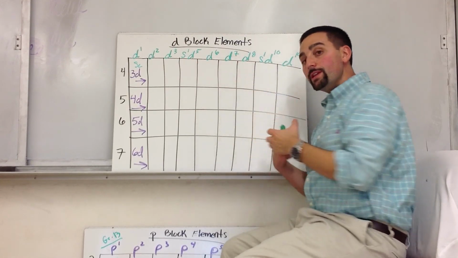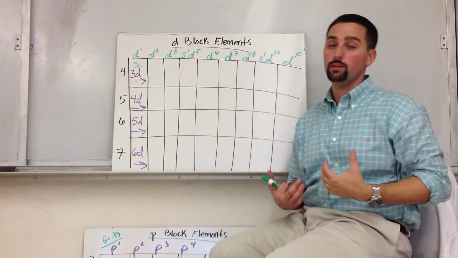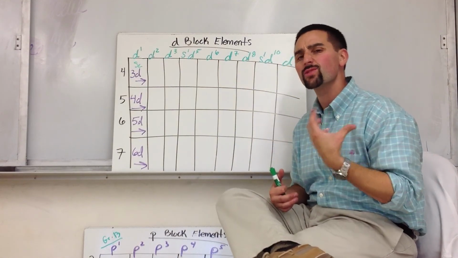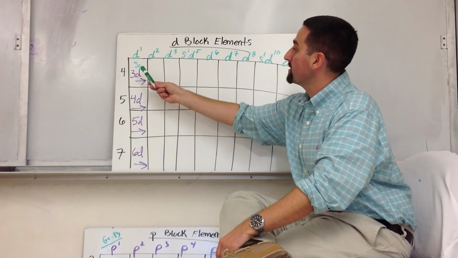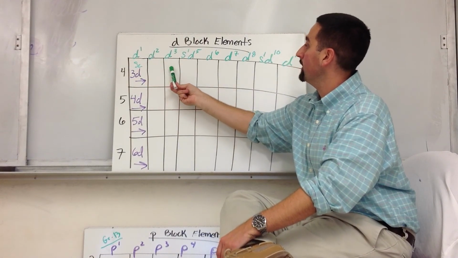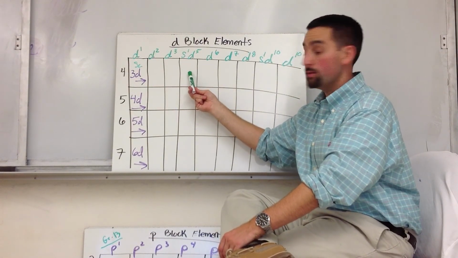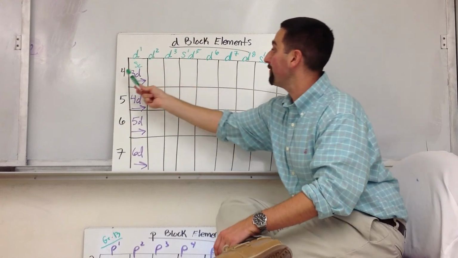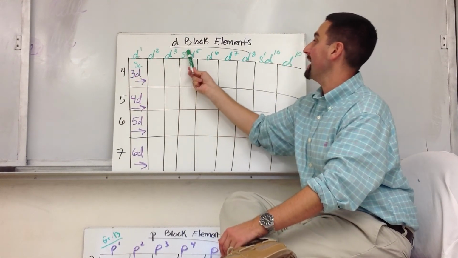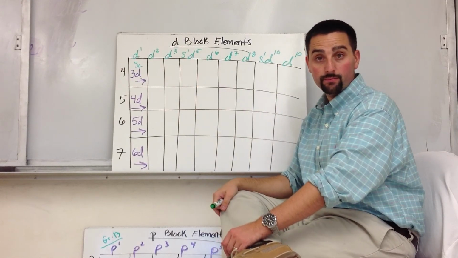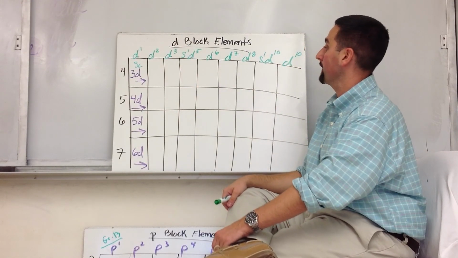These electrons are redistributed for stability. When we get into the d block, some strange things happen. So scandium, titanium, vanadium, this would be chromium. Chromium ends in 4s1 3d5.